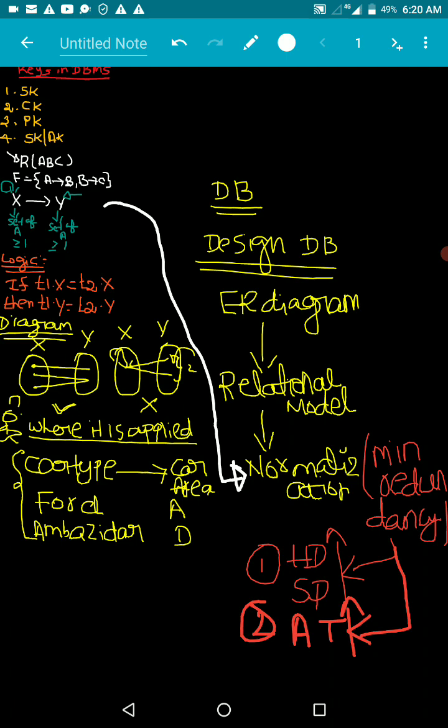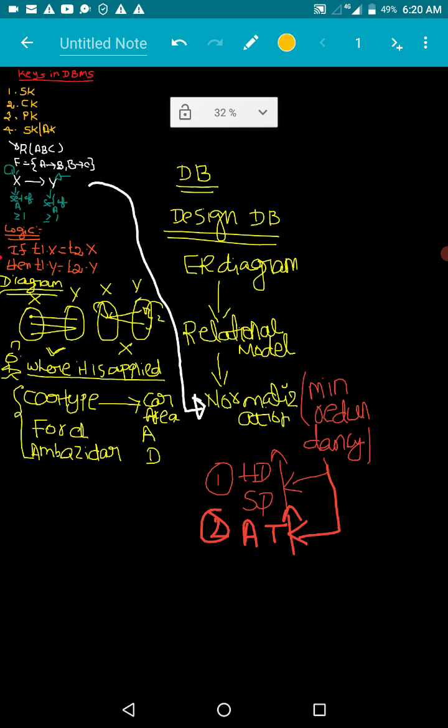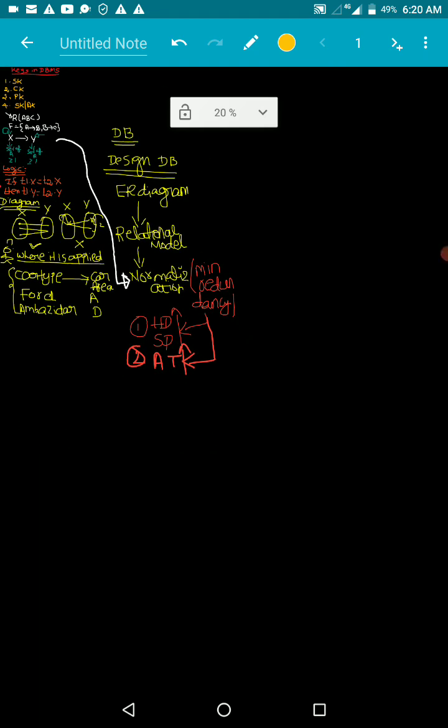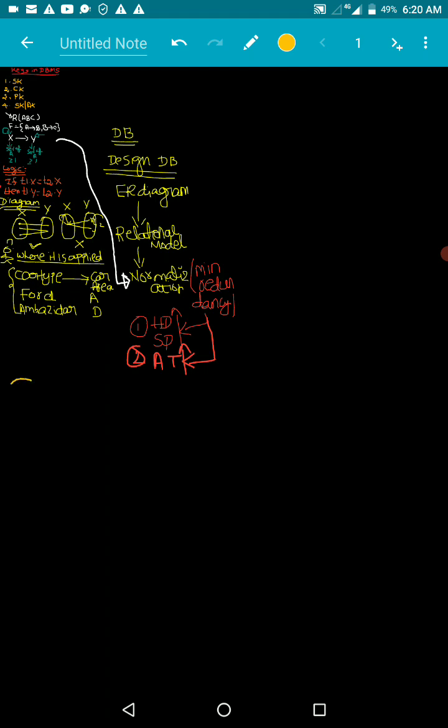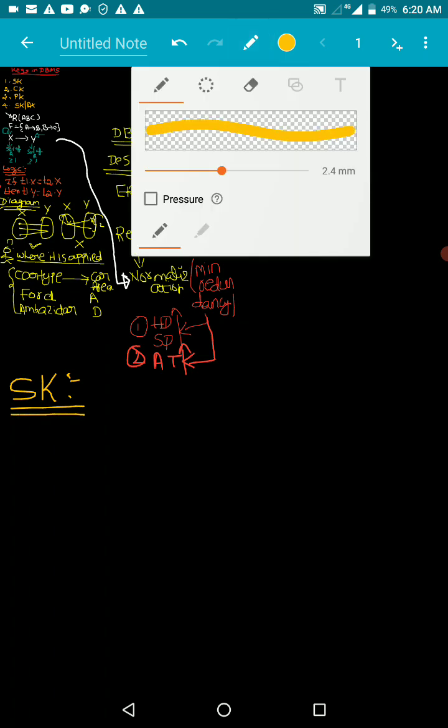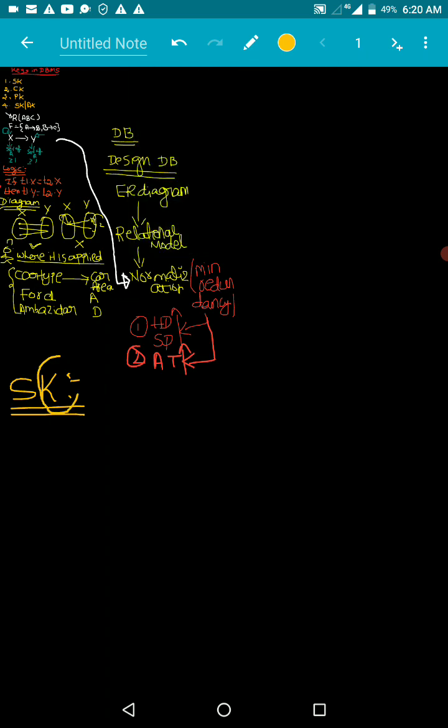Okay, cool. Now let's move on to our key topic. The first one is the super key. So what is meant by the super key? Generally a key is a subset of attributes.